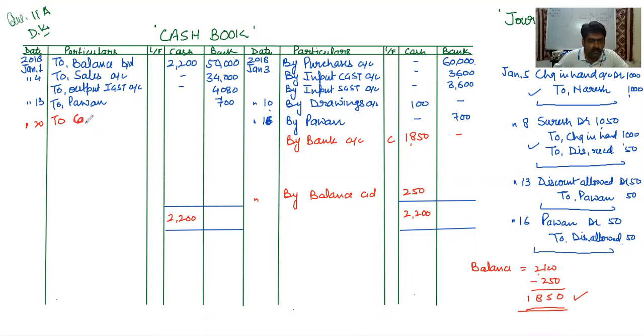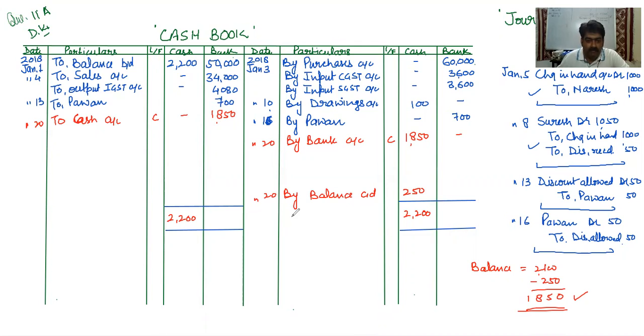So to cash account C, and amount will come in bank column 1850. This is January 20 and this is also January 20 because we are calculating balance on January 20.